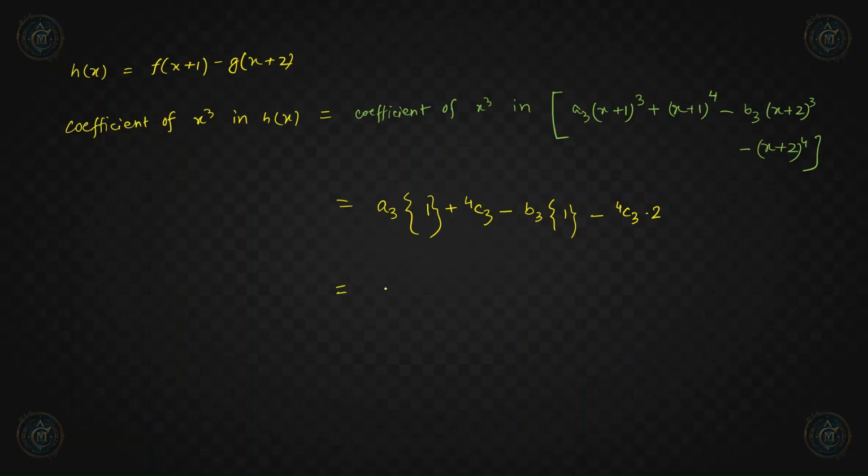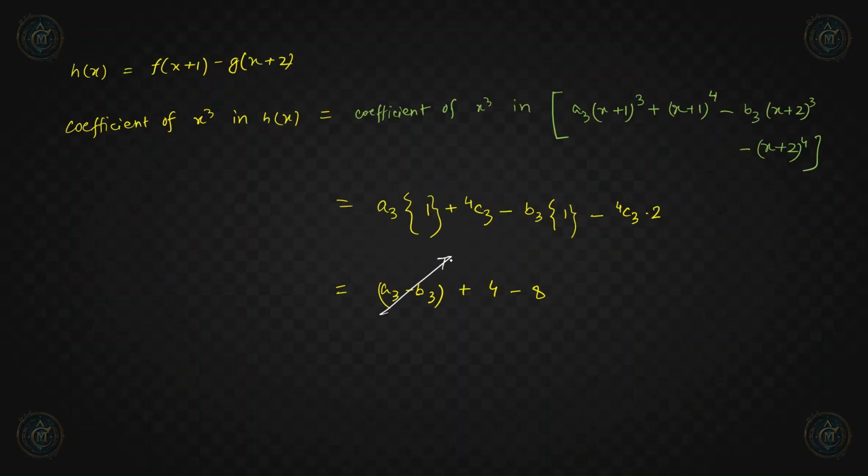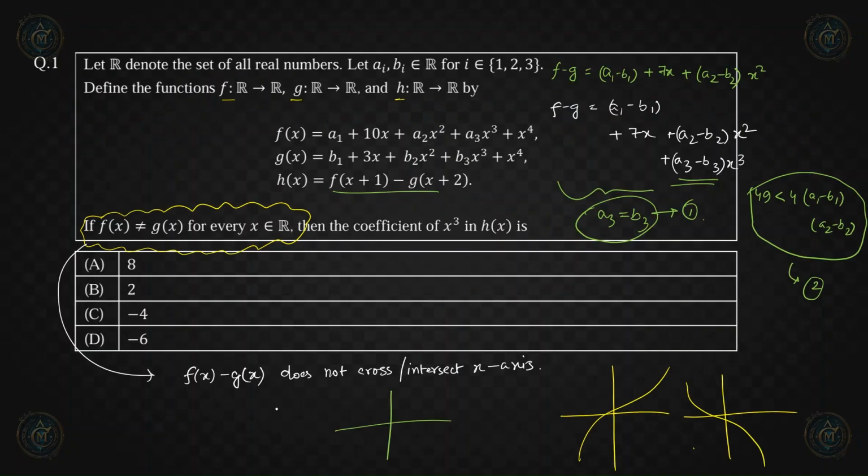So we have a3 minus b3 plus 4 minus 8. Using a3 equal to b3, this becomes 0, so our coefficient of x cube comes out to be minus 4. That means our correct option will be option C.